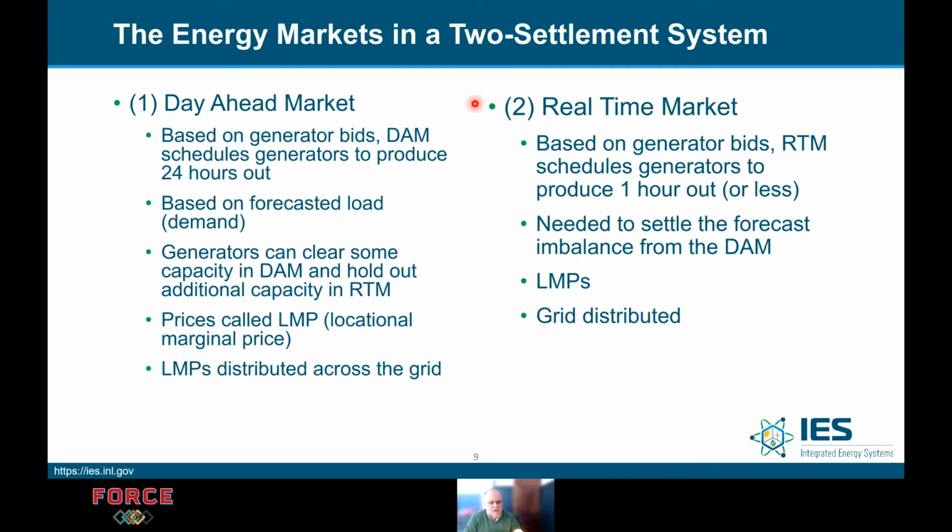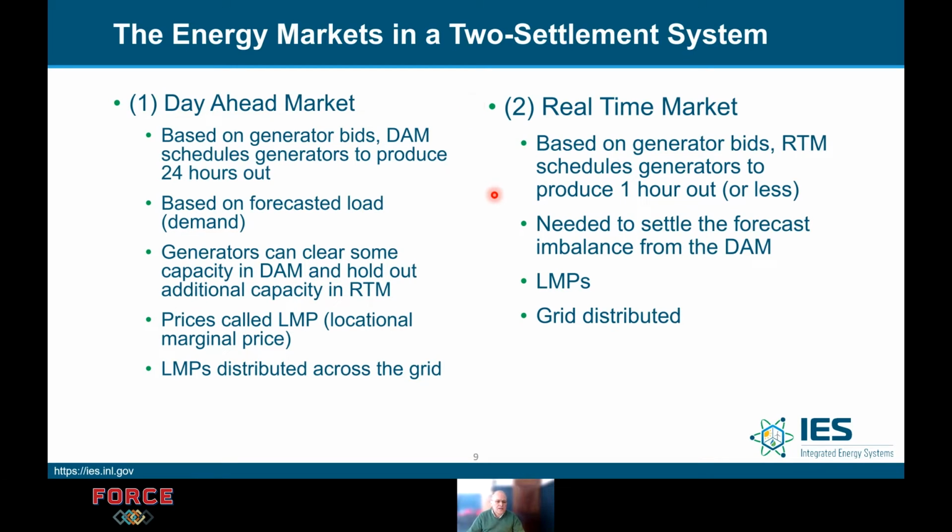And so again, the generators on a much shorter time frame now are submitting their bids for, say, 1 hour from now, or maybe 15 minutes from now, or maybe even 5 minutes from now. They're submitting their bids saying, I can provide electricity in the next 5 minutes, and this is how much capacity I can use.